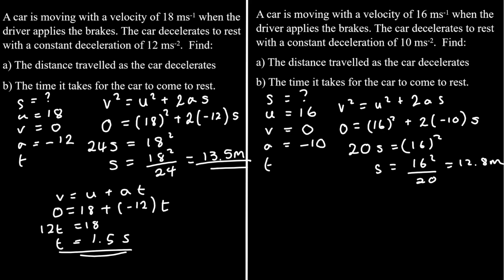What's the time taken? So any of the formulas that involve time. So we've got 0 equals 16 plus negative 10t. So t must be 1.6 seconds.